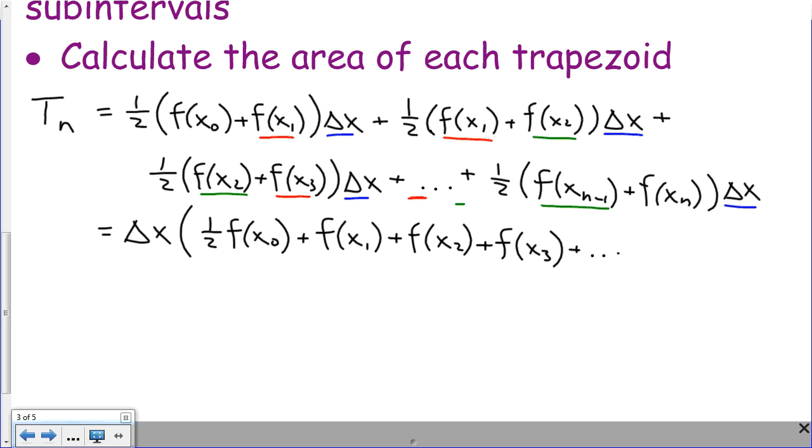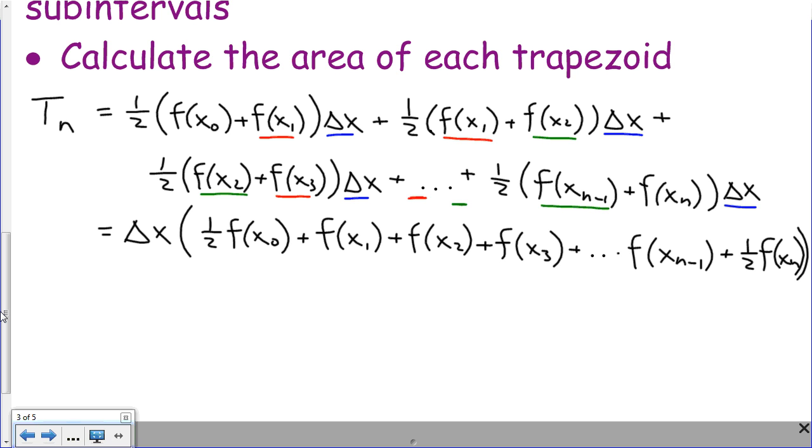And in the term previous to that, I have the other half of that. So I end up with a whole f of x sub n minus 1. And then in the very, very last term here, I only have half of f of x sub n, the very last trapezoid there. So notice that it turns out we end up taking half of the first function value, f of x sub 0, and half of the very last function value, f of x sub n, but all the rest we just simply add those function values in between.